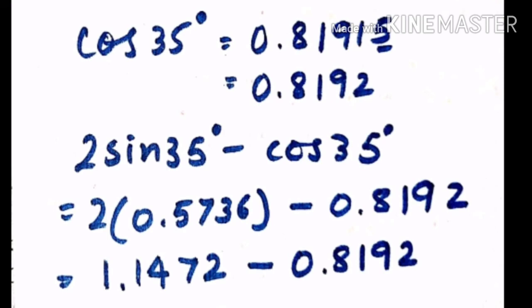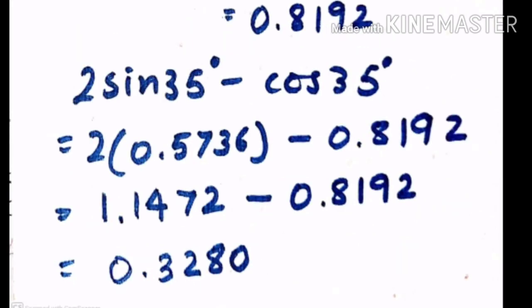Then 2 multiplying that sin 35 value 0.5736, I get 1.1472 minus 0.8192, and the subtraction we get as the answer is 0.3280. This is our final answer of the first part, that is when theta is equal to 35 degree, the value of 2 sin 35 minus cos 35 degree is equal to 0.3280.